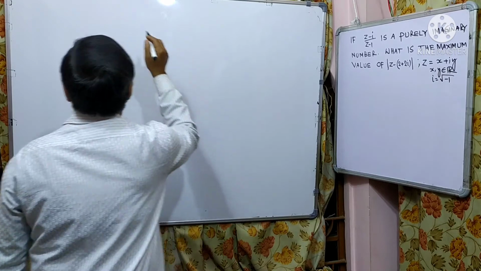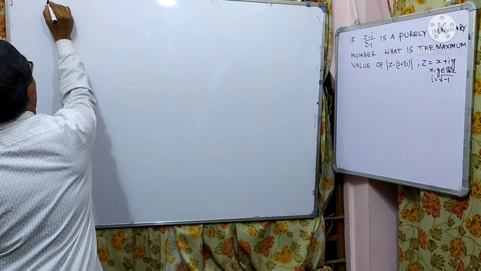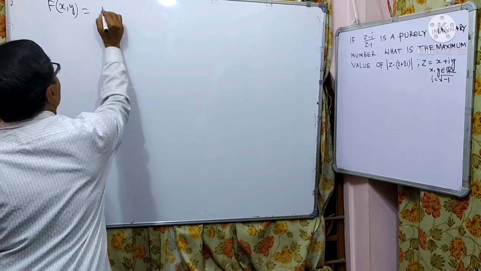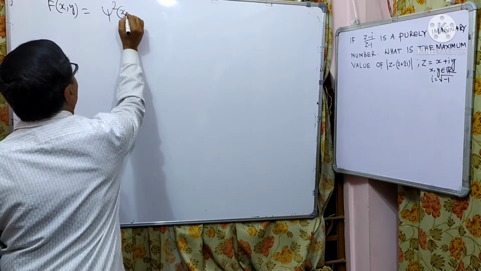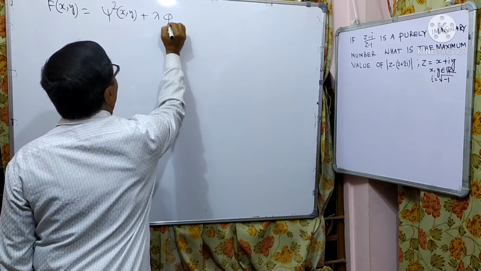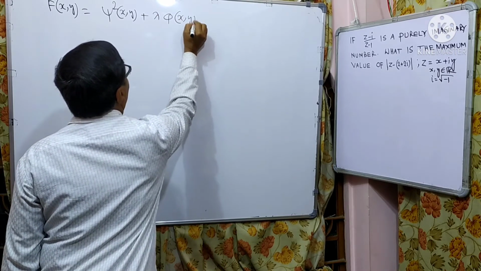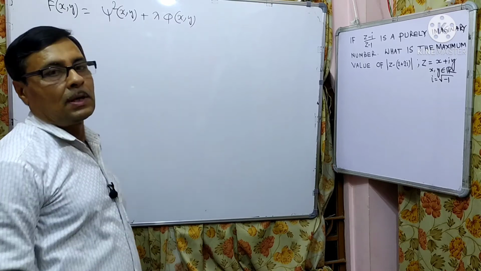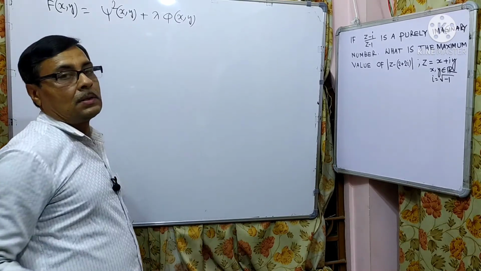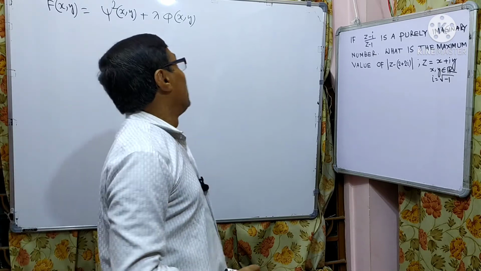We construct the function F(x, y) = psi²(x, y) + lambda phi(x, y). Here phi(x, y) is the constraint function, and psi²(x, y) is the objective function.